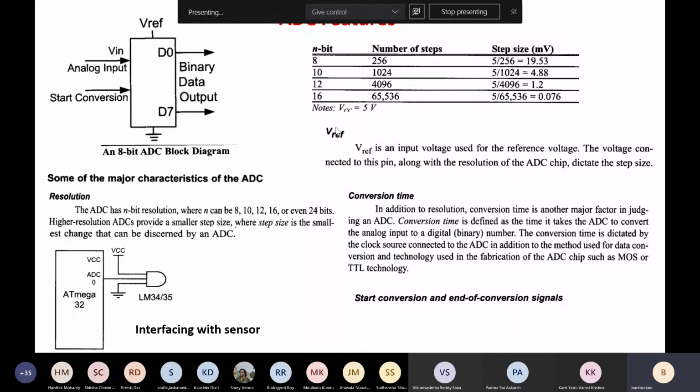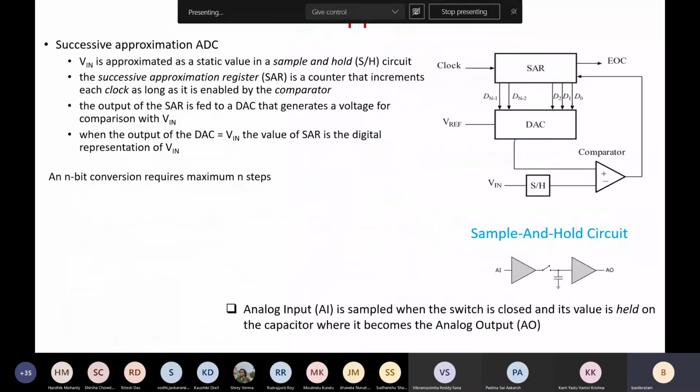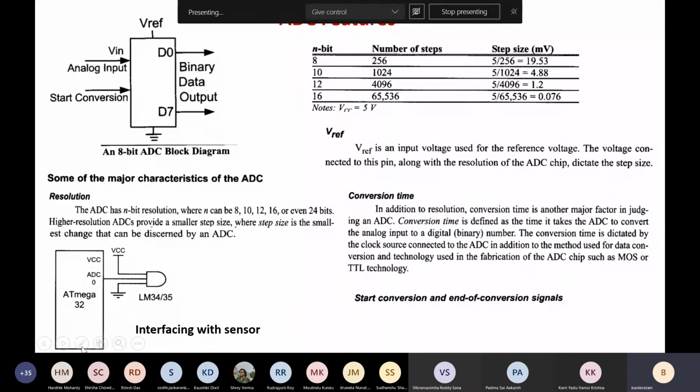As we have seen in the last example, if we consider 4-bit and a reference voltage of 5 volt, how many steps will there be? 2 to the power 4, so that means 16 steps. 16 steps means each step will correspond to 5 by 16 volt, isn't it?